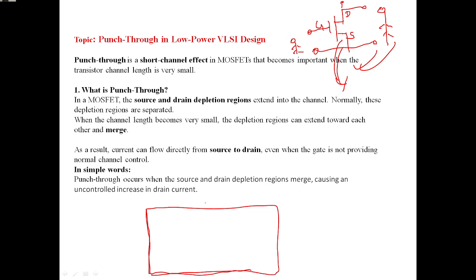Here we know that if it is a P substrate, it is having holes. We select the P substrate. To design the gate terminal, we deposit polysilicon material at the middle of the substrate, and it is named the gate terminal.